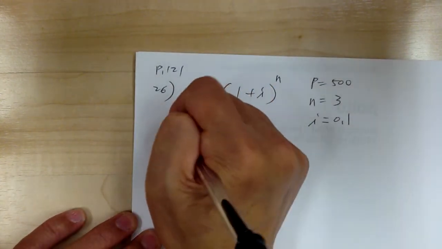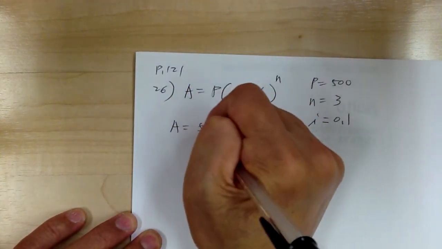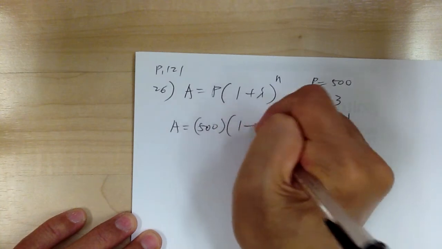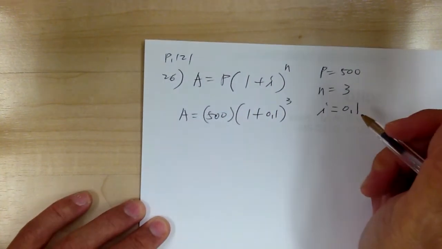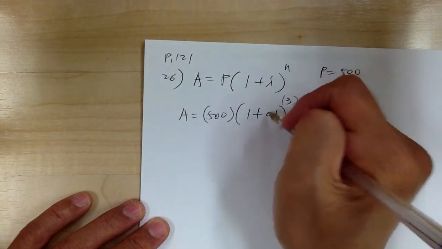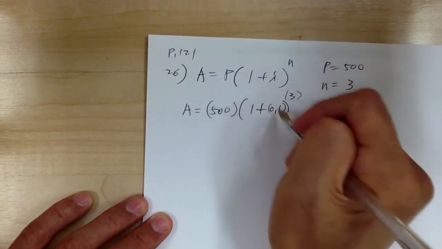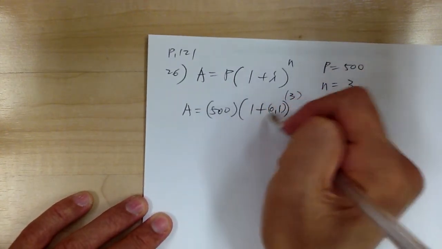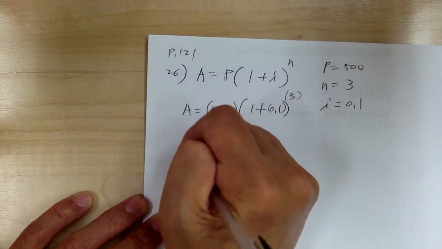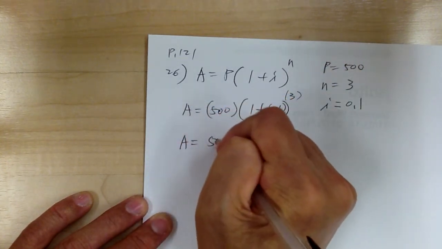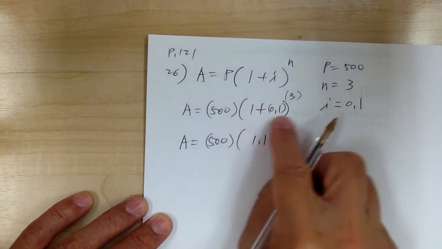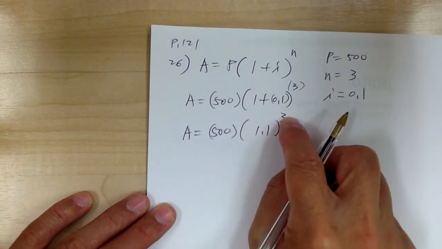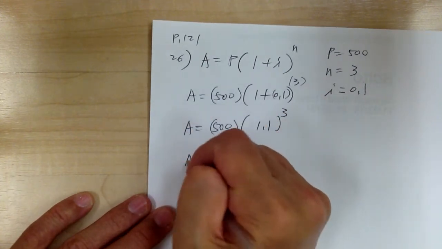Again, first you substitute, so A equals 500 times 1 plus 0.1 to the 3. So again, you have to work out the inside, the grouping, before your exponent. So A equals 500 times 1.1 to the 3 power. Make sure you know your order of operations.